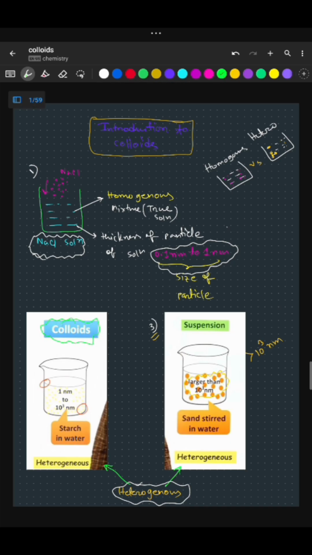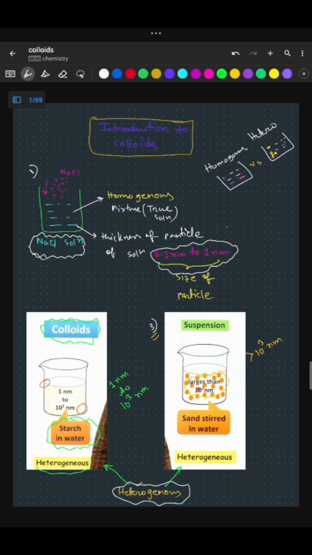Colloids generally have particles which range from 1 nanometer to 10 cube nanometer. If you take an example, it would be starch in water, and it is also a heterogeneous solution, which means that the mixture is not uniformly spread.